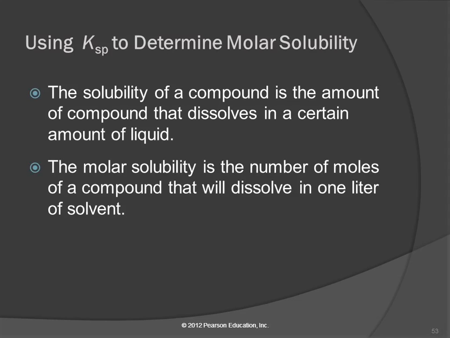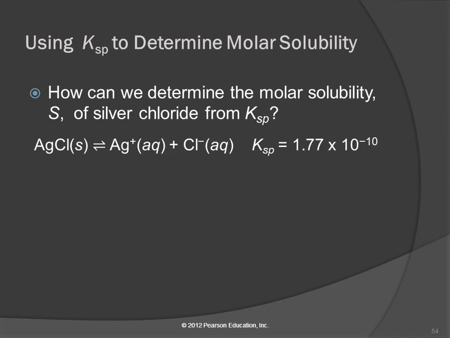What is the concentration? How many moles of it dissolve? So how can we determine the molar solubility, which is given the symbol S, of silver chloride? Here's the reaction, the equation for the dissolution of silver chloride, and here's its KSP value.